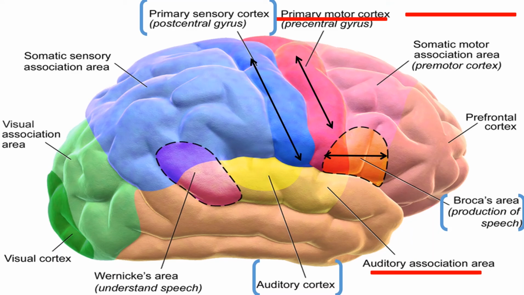Then, just underneath it, in the temporal lobe, superior gyrus of the temporal lobe. You know, the temporal lobe has three horizontal gyri. This part here is the auditory association area.